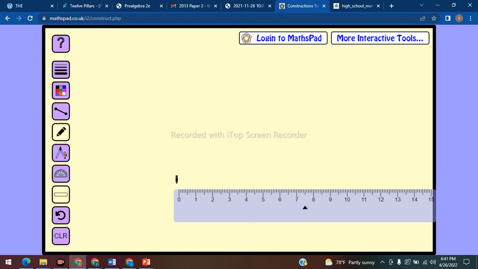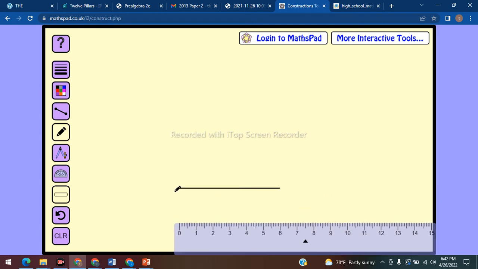So we're gonna start from 0 and go all the way to 6. So that's 6 centimeters, and then we need to label it A and B. All right, so there you have it.